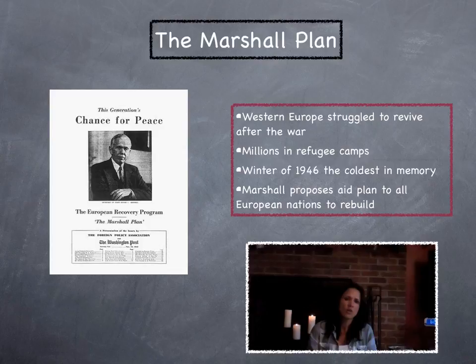And the goal here was that by rebuilding war-torn Europe, the United States would ultimately be helping to revive the global economy, and that was going to be helpful for everybody. Most importantly, the United States, certainly in terms of our trade and moving forward as this major superpower.